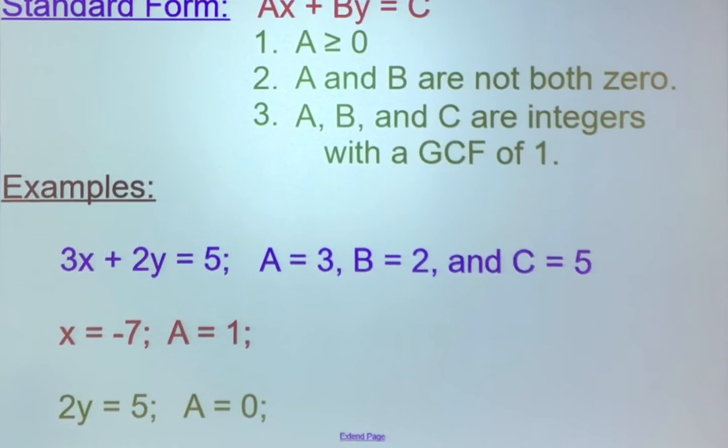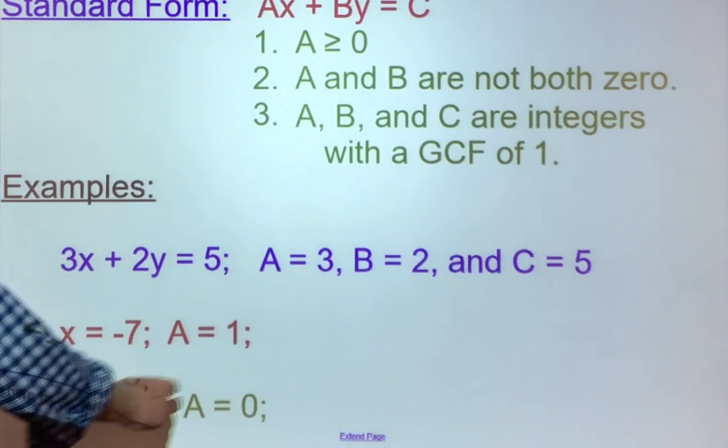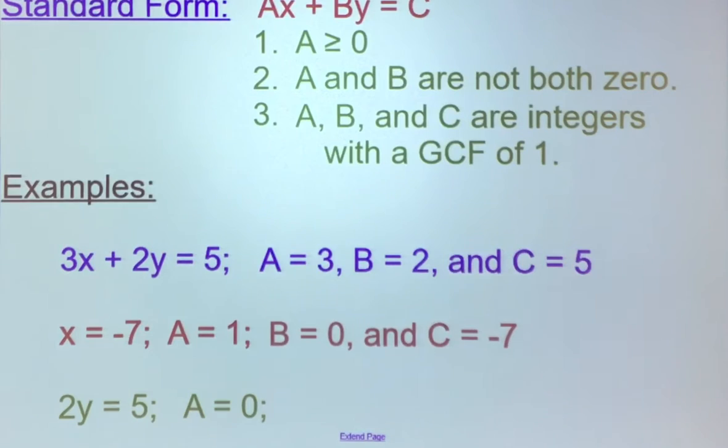All right? If we take a look at this one, it just says x is equal to -7. Well, A has to be a positive 1, because there's a ghost of 1 standing in front of the x, and in front of any number, because it can be multiplied by 1 because of the multiplicative identity property.